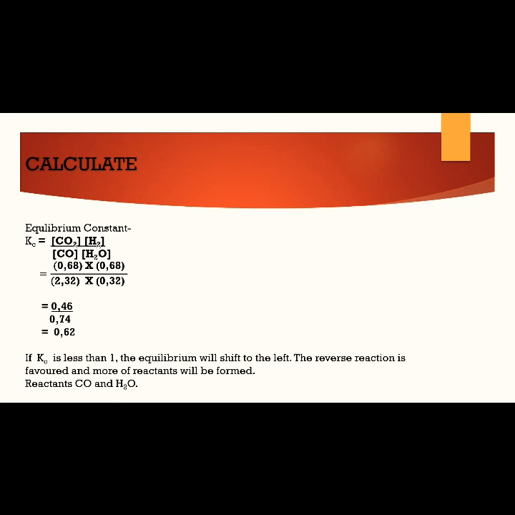Then you put the values in brackets: 0.68 multiplied by 0.68 over 2.32 multiplied by 0.32. Then the answer is equal to 0.46 over 0.74, which is equal to 0.62.